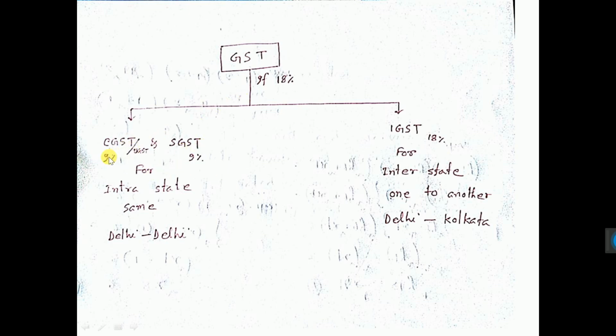Half. CGST 9%, SGST 9%. This is for intrastate calculation. The total amount for IGST and the total of CGST and SGST will be the same, but we will calculate separately. This is the technique.